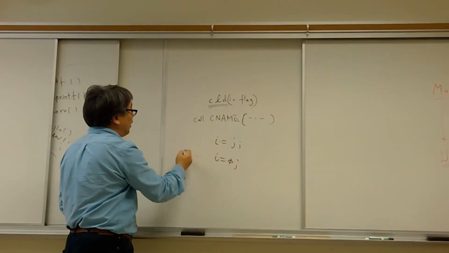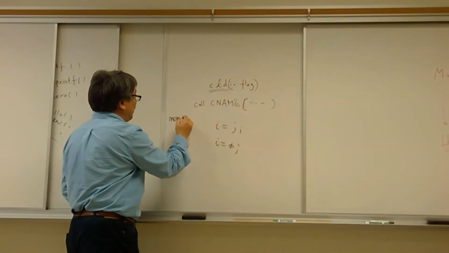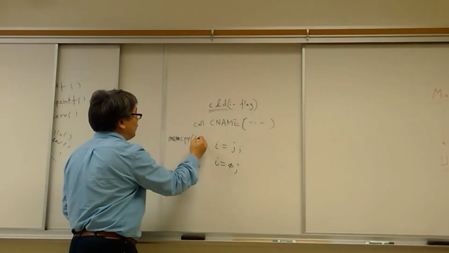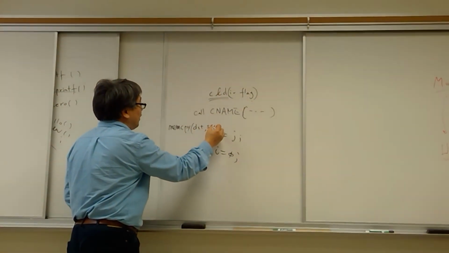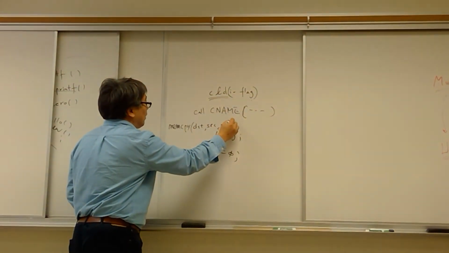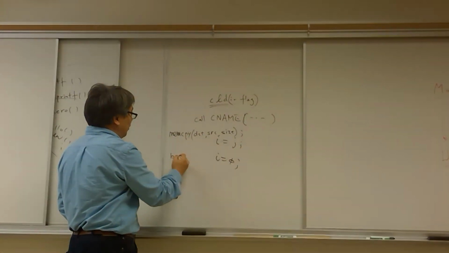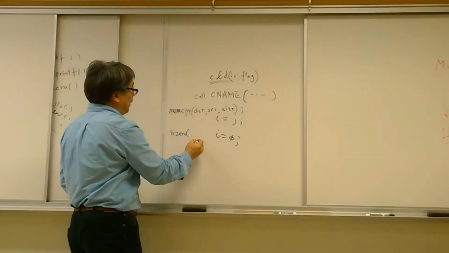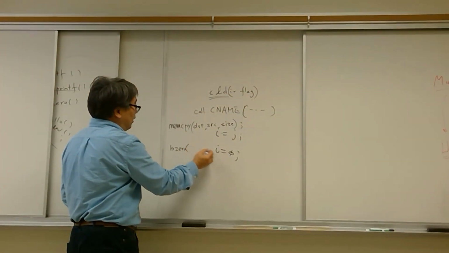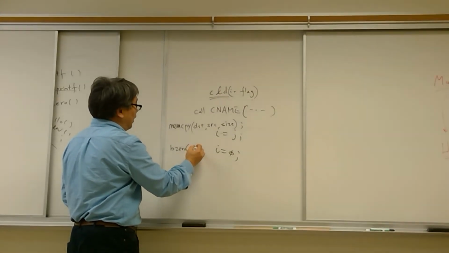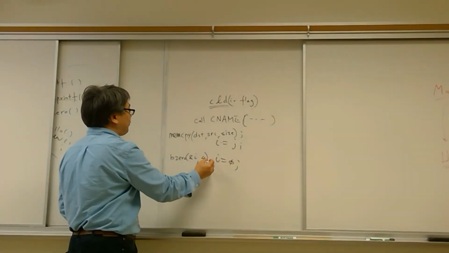Main copy. Okay. In C is a built-in memcpy. Okay. memcpy destination, source, size. Okay. And here you have B0. Okay, B0. The destination and size. The starting point is the size is 4 bytes. Okay.